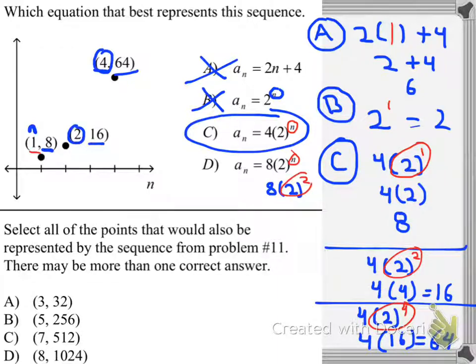That gives you 4, so it gives you 8 times 4, which is 32. That is not 16, so I know that D is not the answer. But remember that it has to work for each one of the points, not just for one. So therefore, in this case, your answer will be letter C.